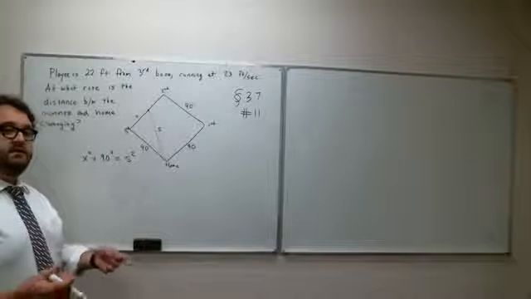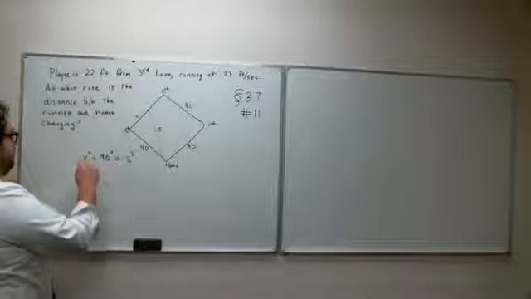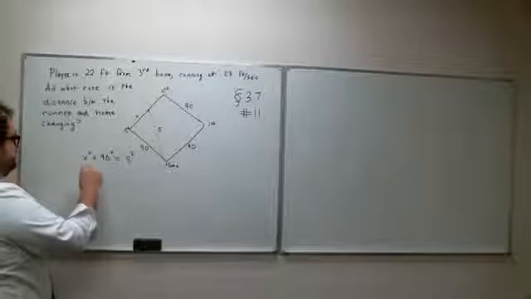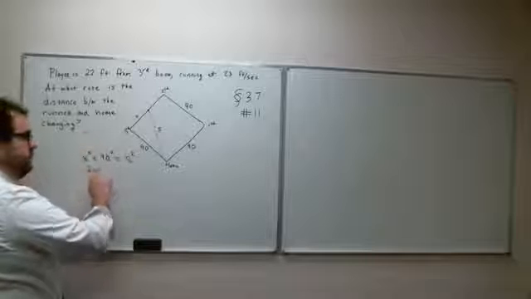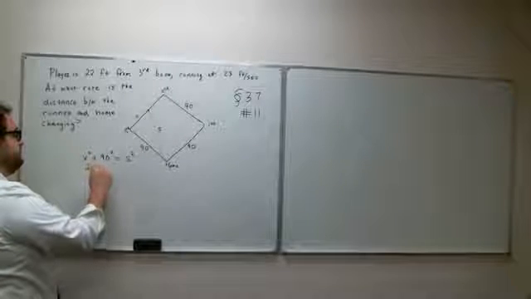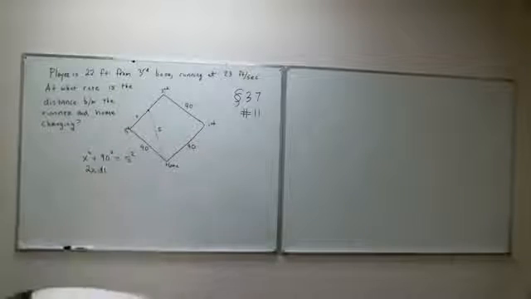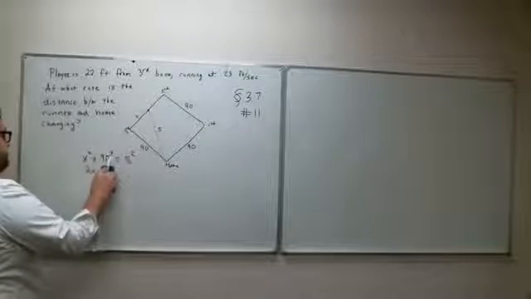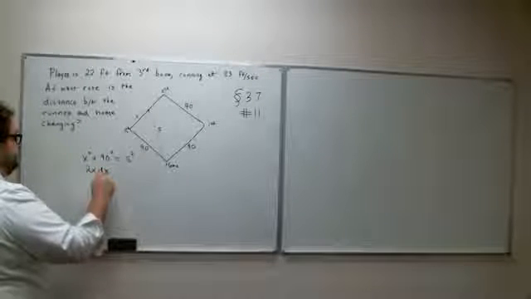Now, if we take the derivative with respect to t, what do we get? Well, we get 2x, but we just took the derivative of an x term with respect to t, so we have to multiply by dx/dt.